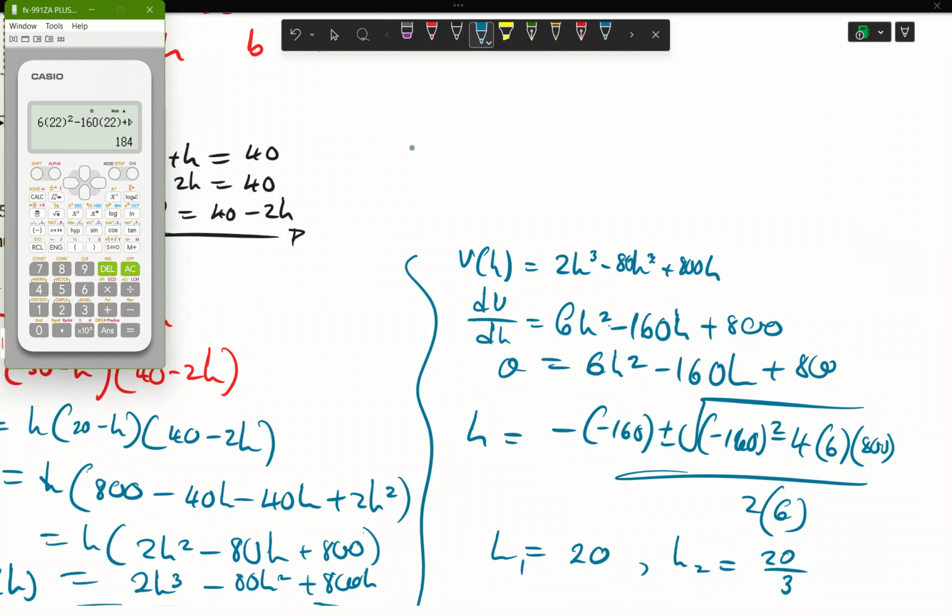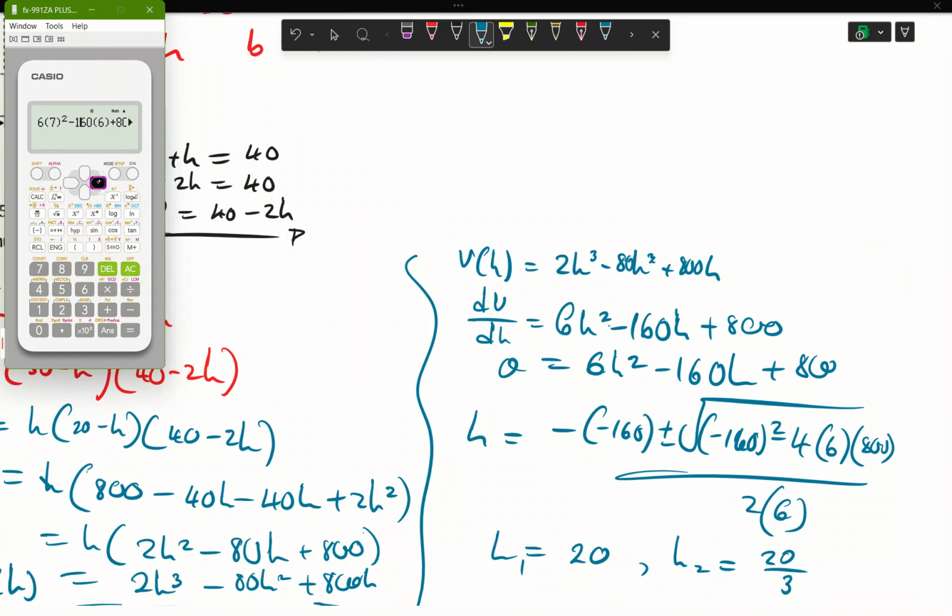Once you have a negative, 0 and then positive, your function decreases and then increases. So let's try 20 over 3. 20 over 3 is 6.67, guys. So let's try 6. Since 20 over 3 is 6.67, let's try 6. This one is going to give us a positive, let's try 7.